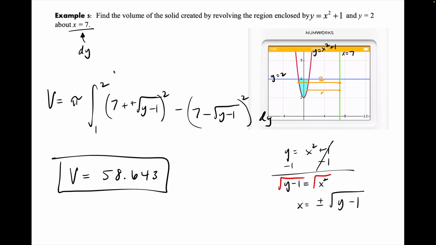We could just put x, right? Since the calculator doesn't have y, we could just put x as the variable, as long as the variable's all the same, the calculator's happy. So sometimes, like I said, for dy's, it's the same. In your calculator's mind, it's the same as dx. But in reality, it's dy.